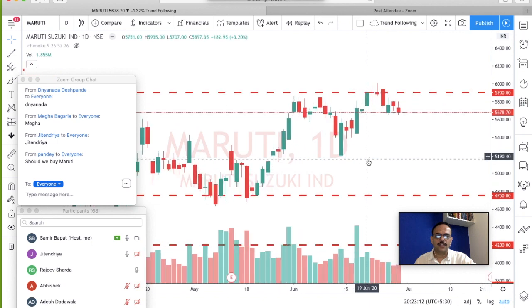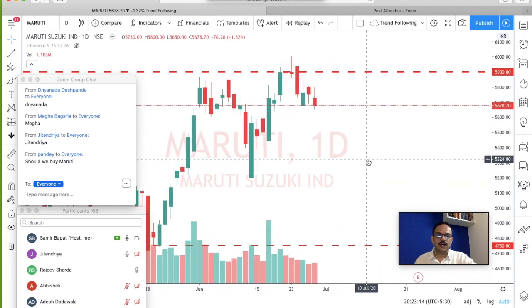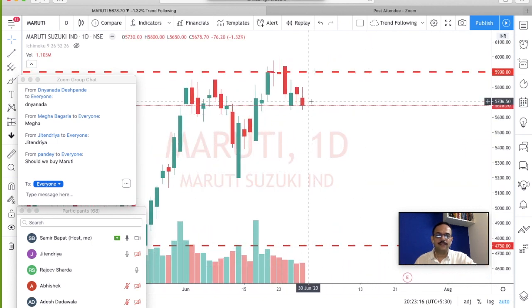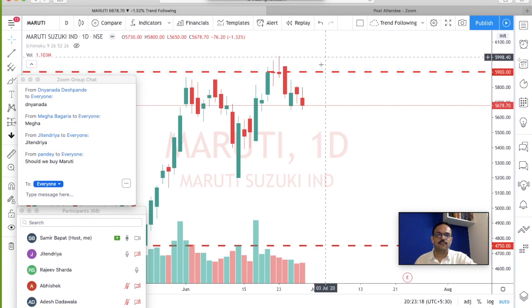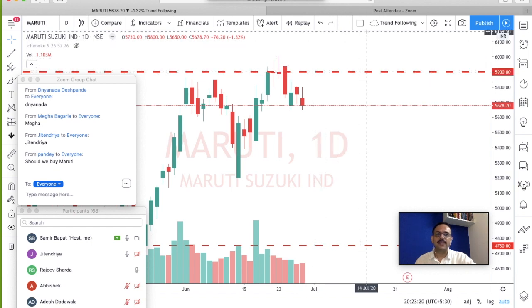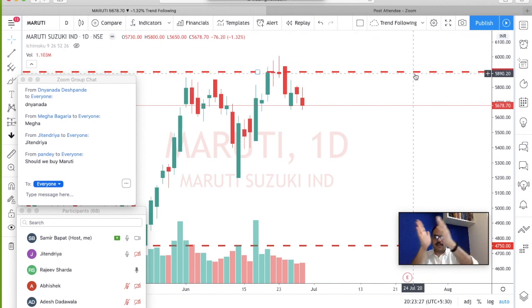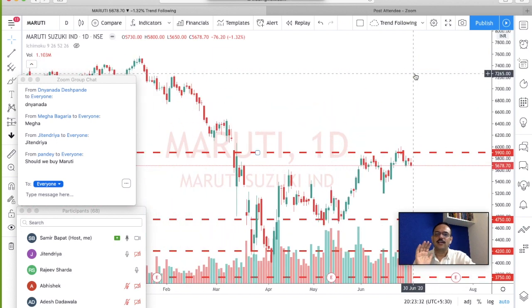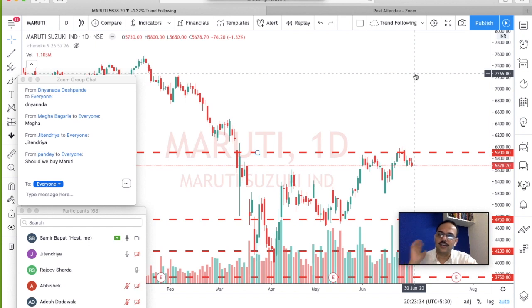If it crosses up in July, then in 15 days it will go up to the next resistance, then it might come back. So it always works from middle to middle, rough cut. Just an observation, this is not a rule. You can just have a quick observation on that.